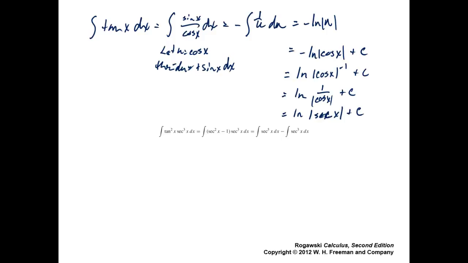Now, talk about a big boo hiss. They want us to do the same thing for secant x. Okay? And I'm going to have to erase. Y'all got it, though, right? Okay. We're going to do the integral of secant x dx.